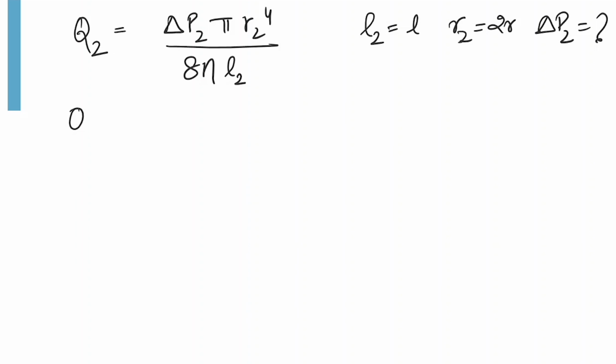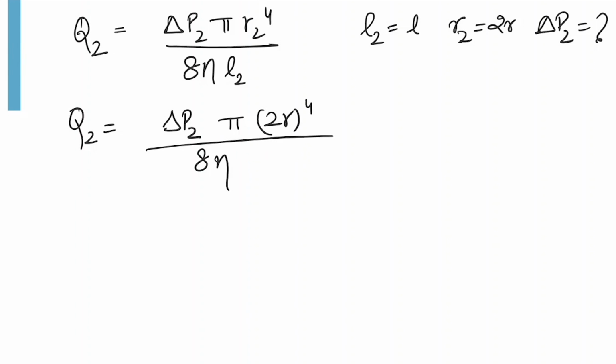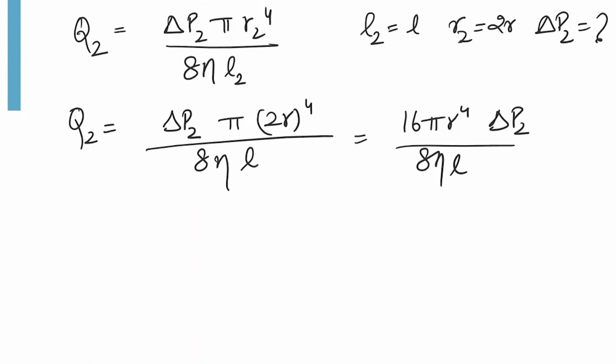So let's put the values: delta P2 pi (2R)^4 over 8 eta L. Twice to the power 4 is 16, so 16 pi R^4 delta P2 over 8 eta L. So this will be 2 pi R^4 delta P2 over eta L.